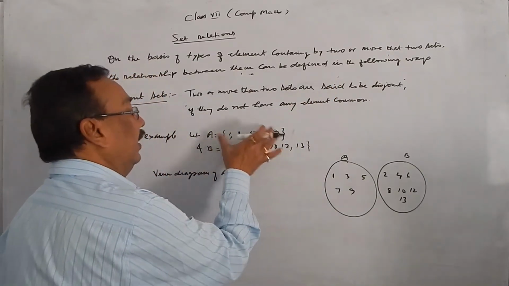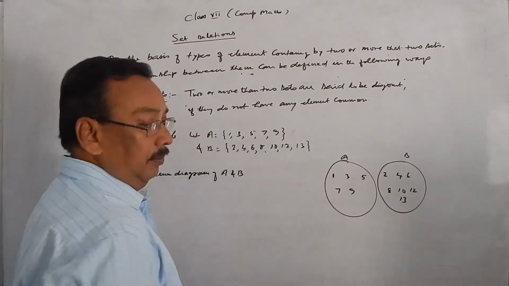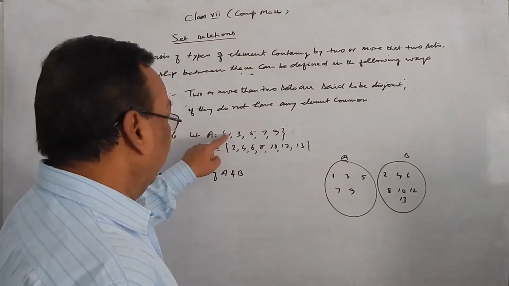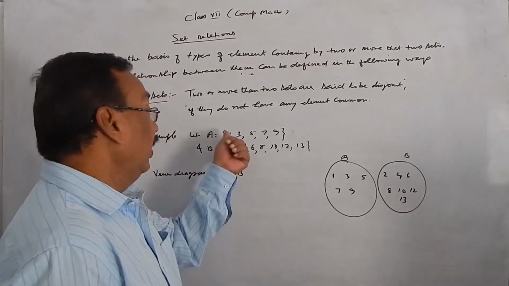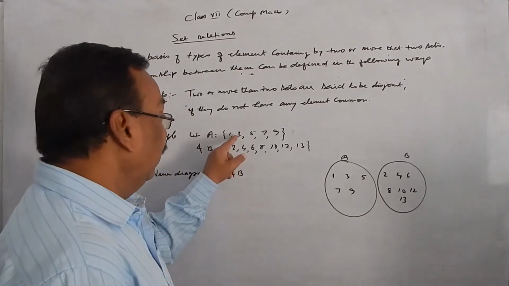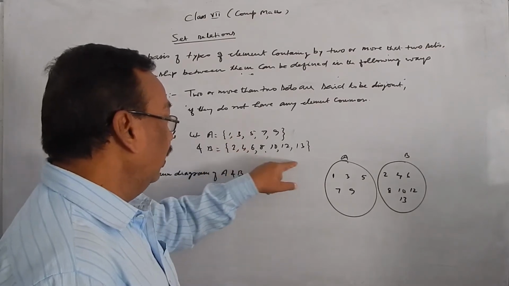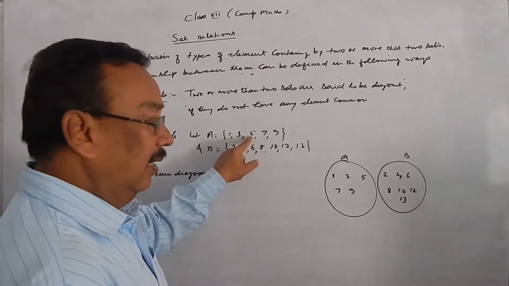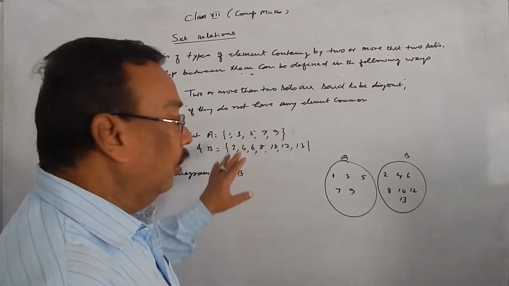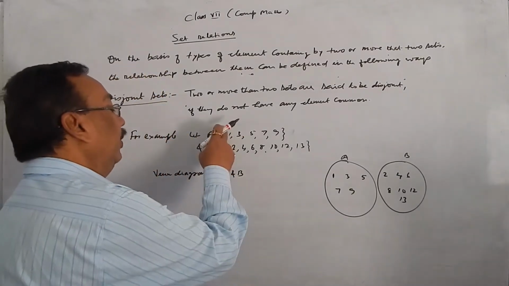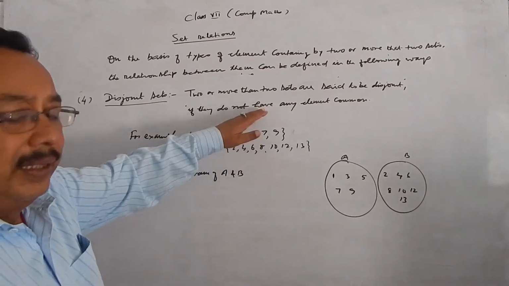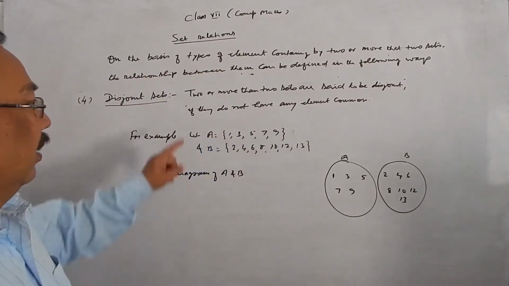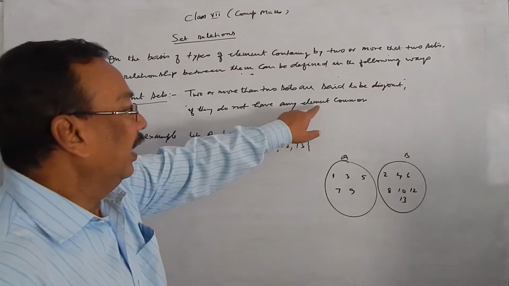Here see set A and set B. 1 is in A, you will search in B, 1 is not there. 3 you will see here, 3 is not here. 5 is here in A. So you will observe that no element of A lies in B, and no element of B lies in A. They do not have any element in common.